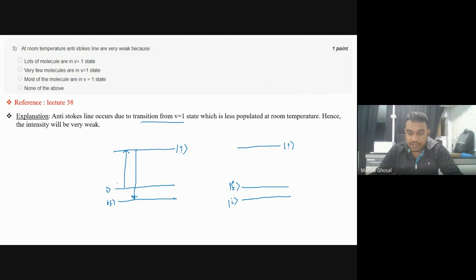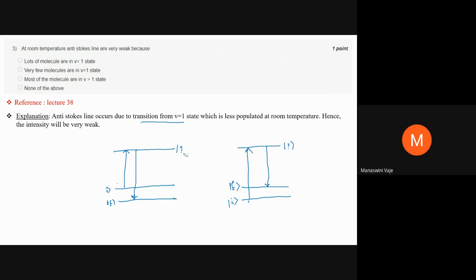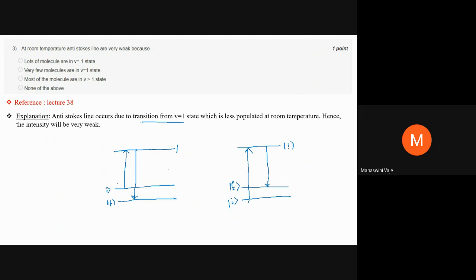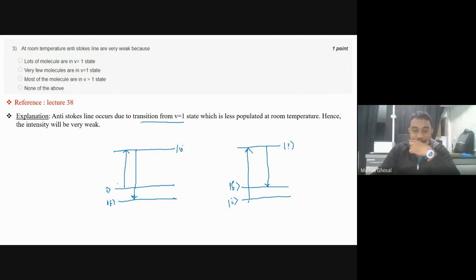So which one is the Stokes line? Which one is the anti-Stokes line? The left one. Left one is Stokes or anti-Stokes?